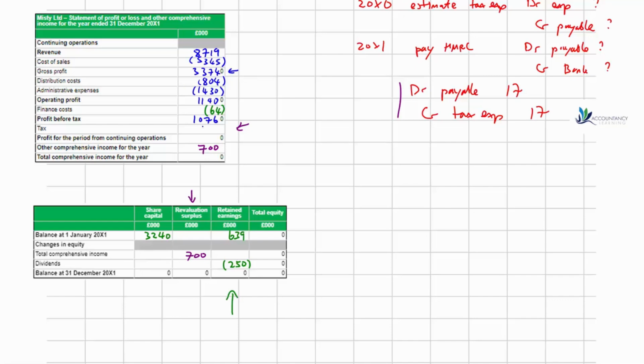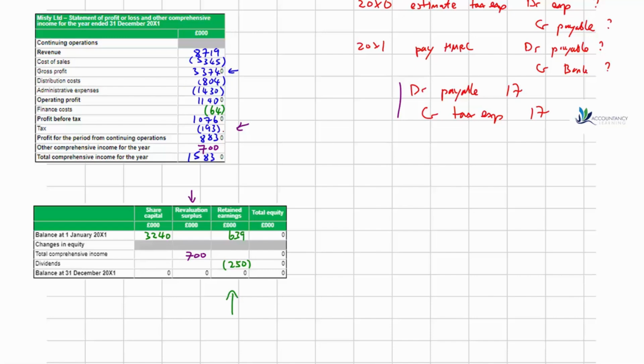So we have a tax expense of 193, giving us our profit for the period of 883. So that's our profit from our operations, but we also had the revaluation of 700, giving us a total comprehensive income of 1583.